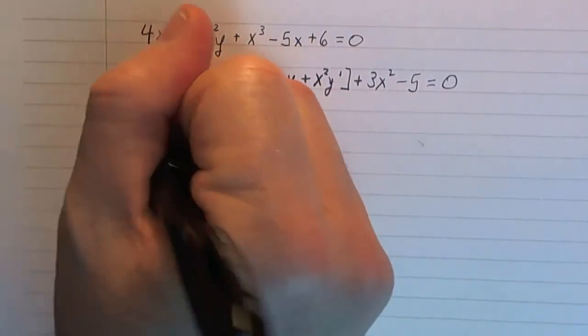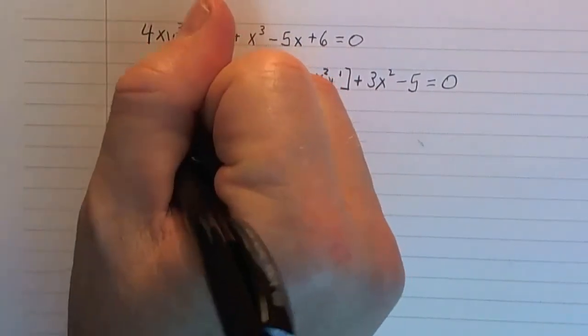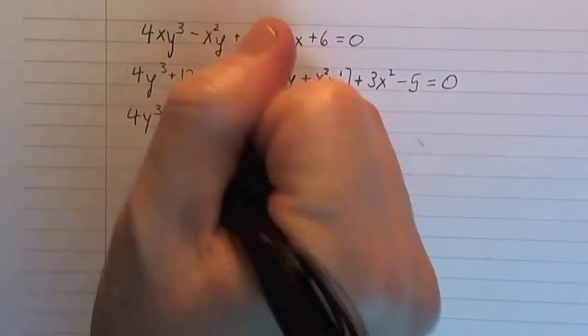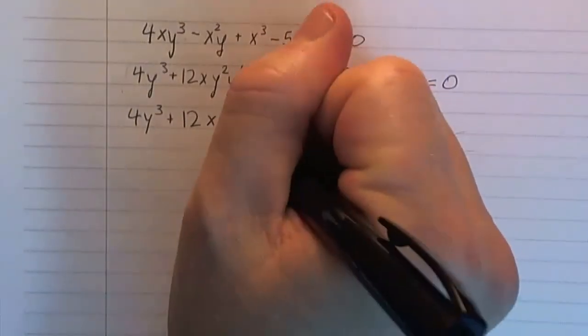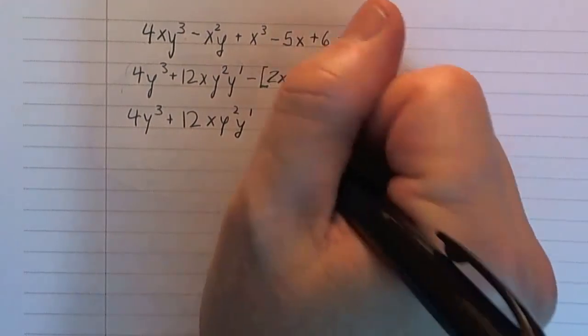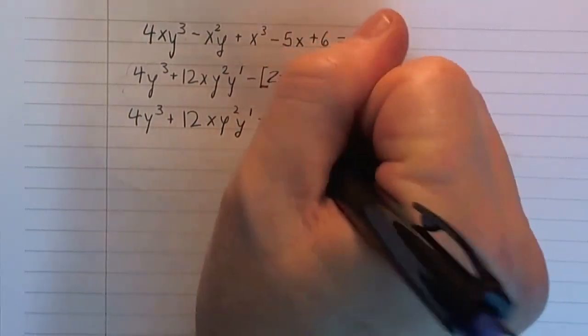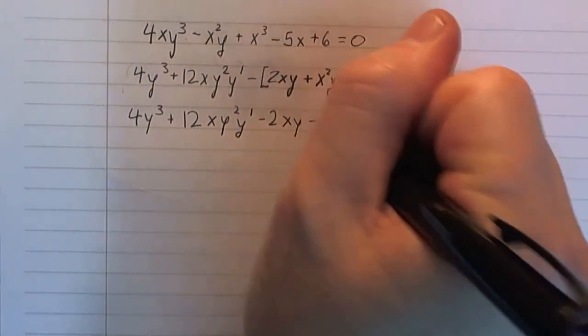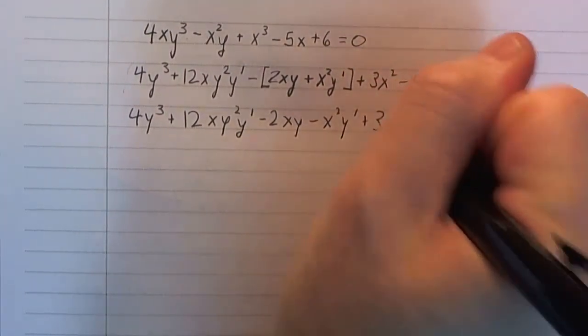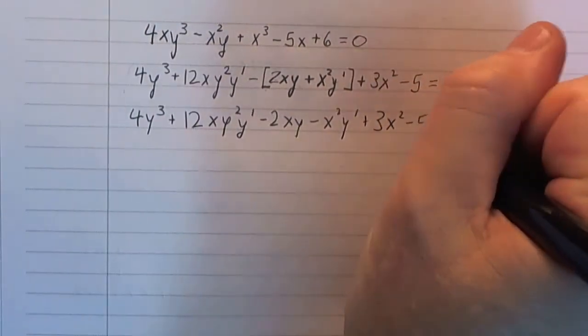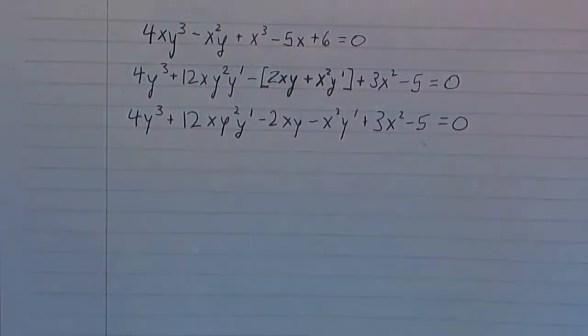We've got 4y cubed plus, I'm just going to do this a step at a time, minus 2xy minus x squared y prime. There we go.